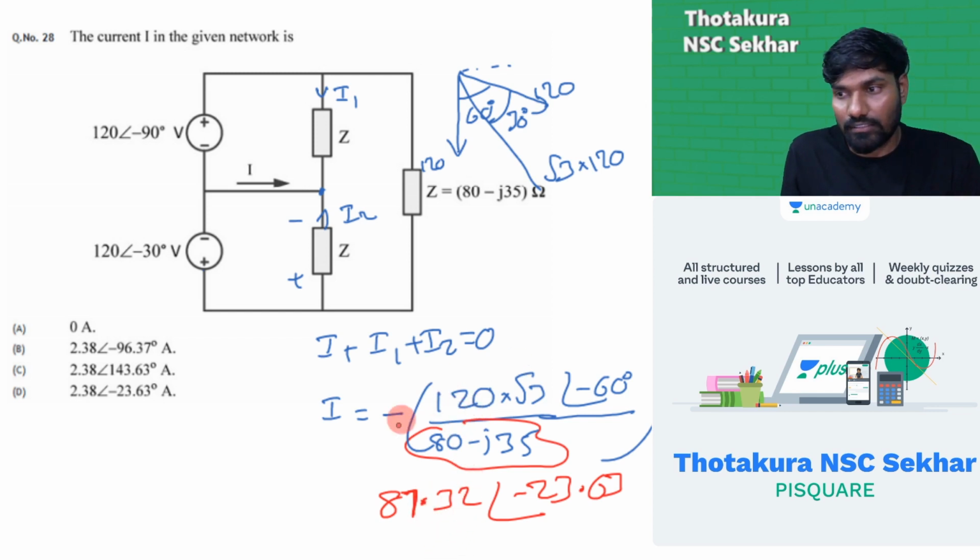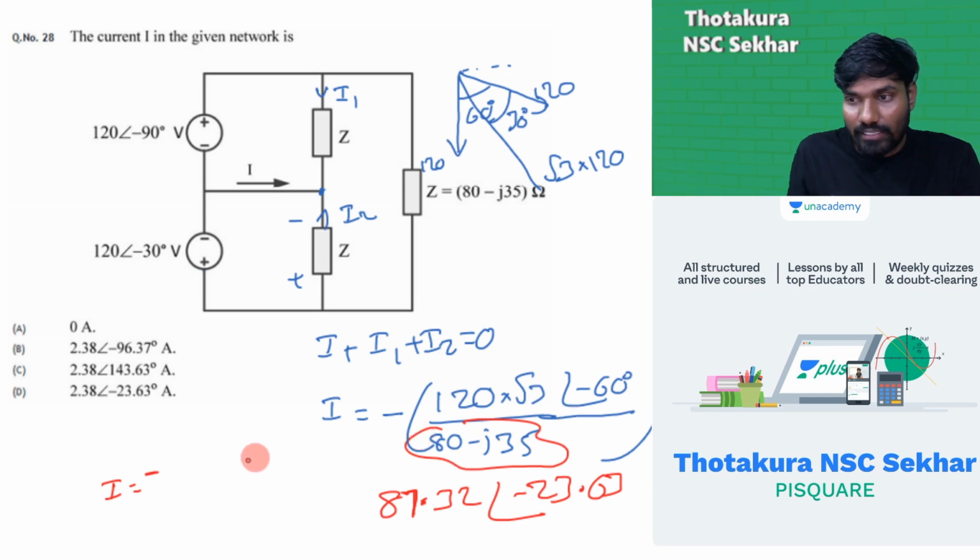Now, see here guys, another interesting point I am giving here. The I value you will get is minus of 120 into √3, not 120 by √3, 120 into √3 by 87.32. I am writing that 120 √3 divided by 87.32.